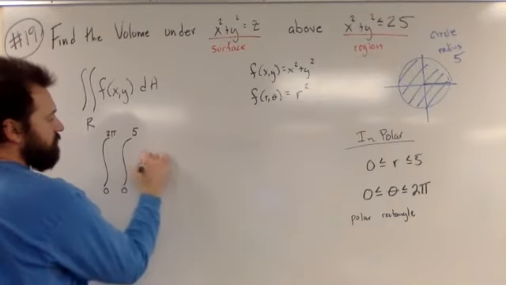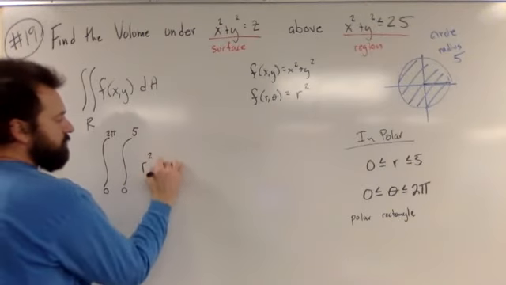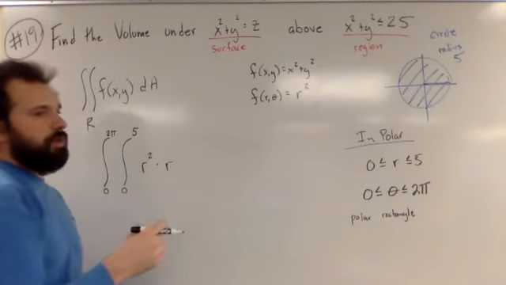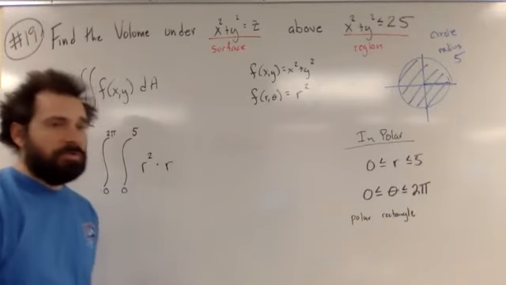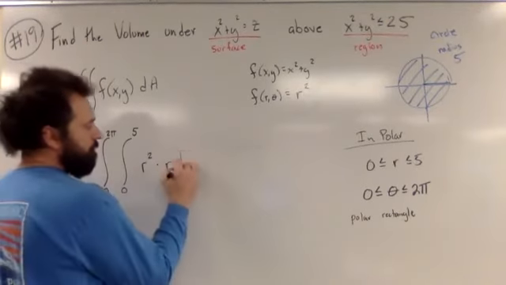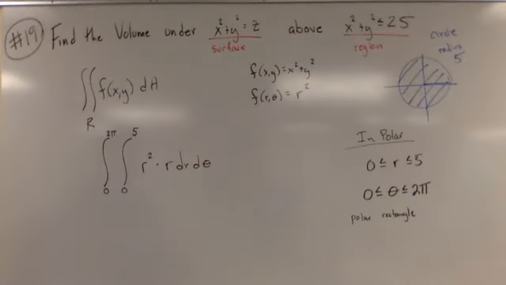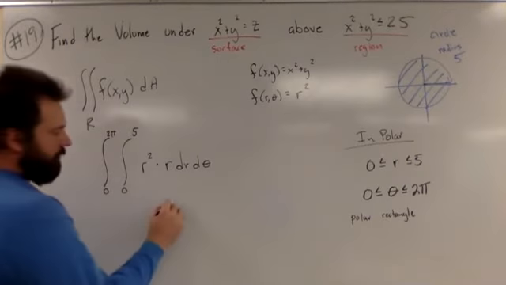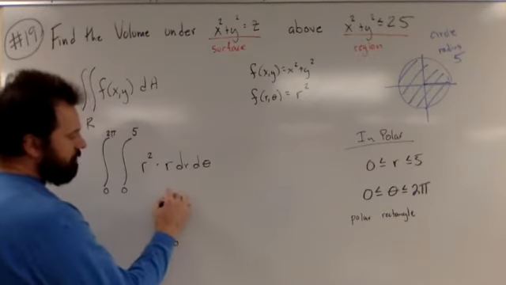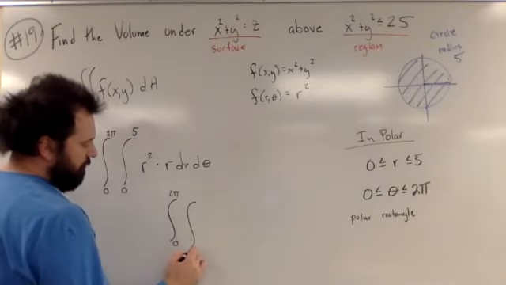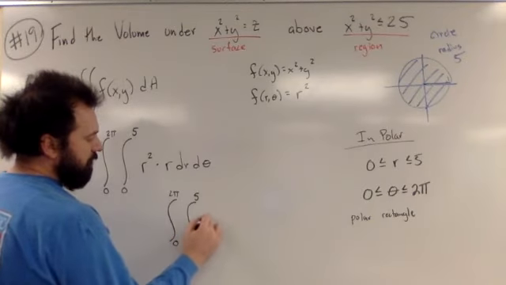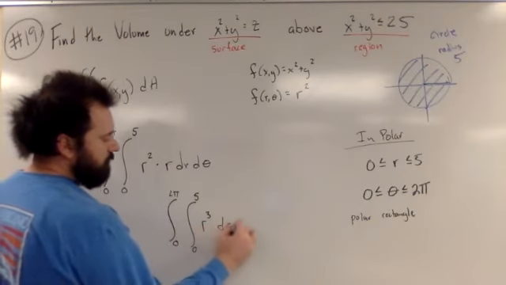So I'm going to have r squared, and then I have the Jacobian, the conversion factor we talked about for polar. Jacobian we'll talk about later. dr d theta. So now if I simplify, I can write this integral from 0 to 2 pi, integral from 0 to 5, of r cubed dr d theta.